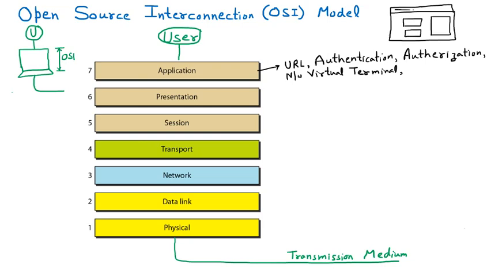Now with the help of Facebook, you can share the images, you can send the data, right? That means file service or the directory service. These are all part of the application layer.